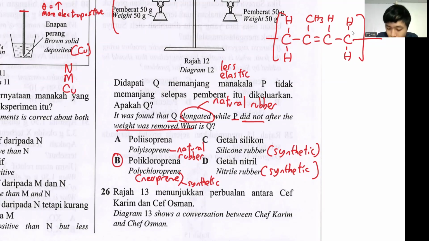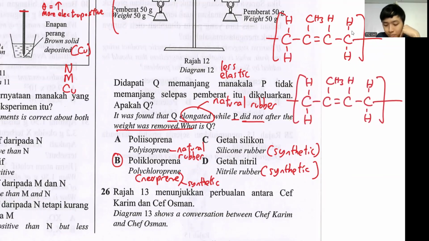Oh, my screen can move. Okay, so let's say I got the same thing, then instead of CH3, this one becomes chlorine. When you attach chlorine, this is called polychloroprene.